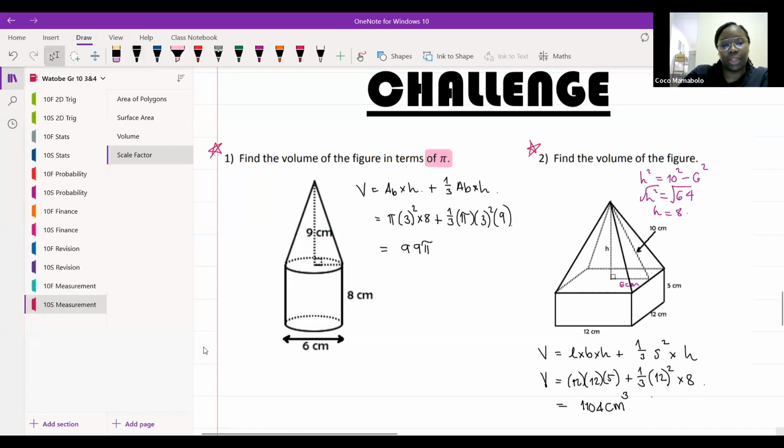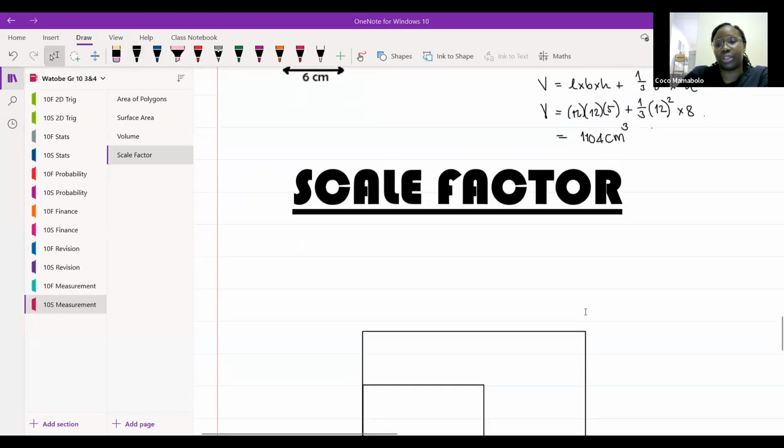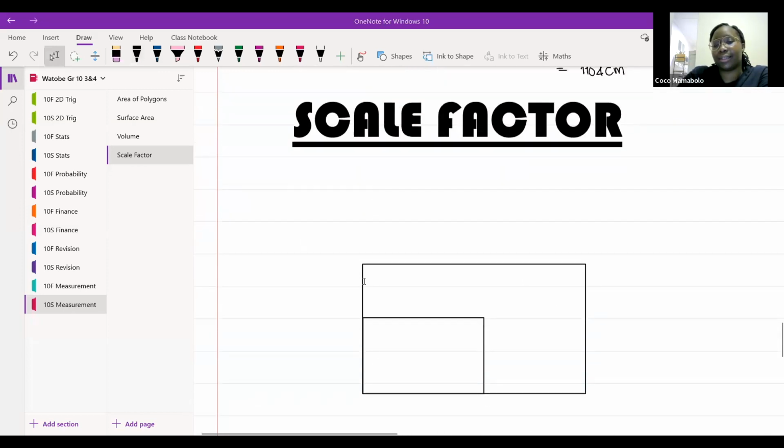All right. Let's look at scale factor. I've got a small rectangle, and outside of my small rectangle, I have a big one.